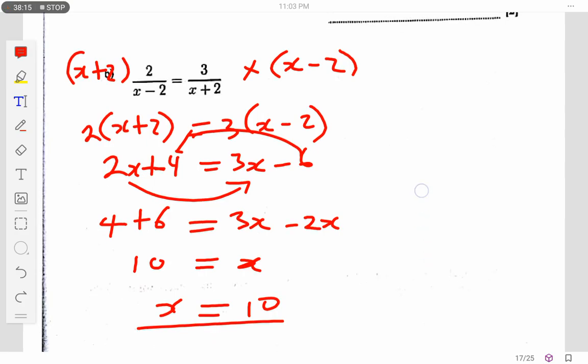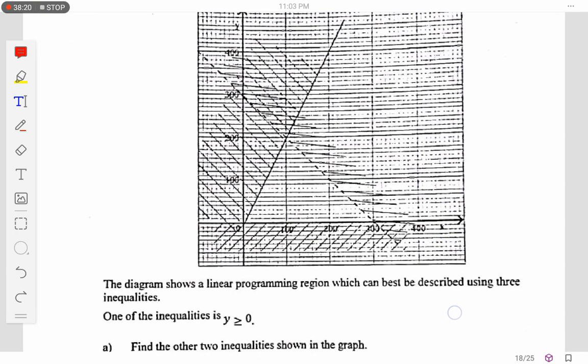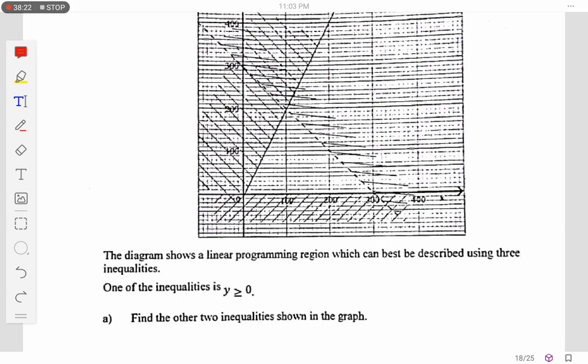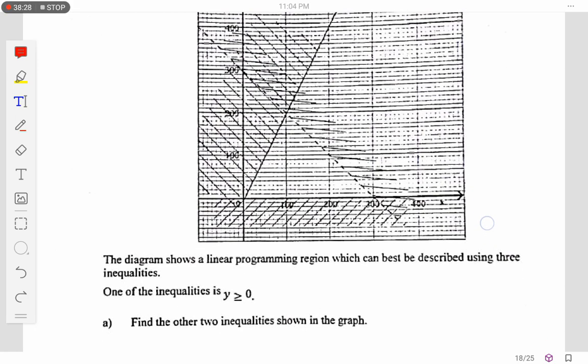Okay, let's move on. We want to find the inequalities there. So we are given this one. The one that we want, let's calculate first. I'm going to start off with this one here.